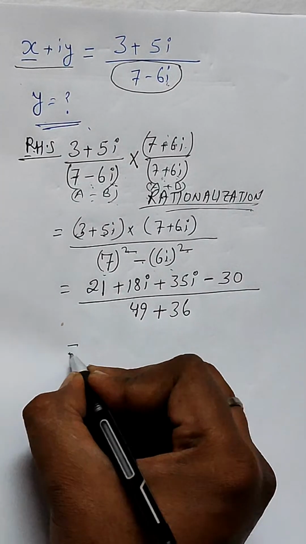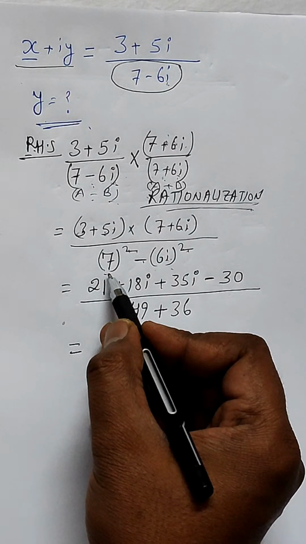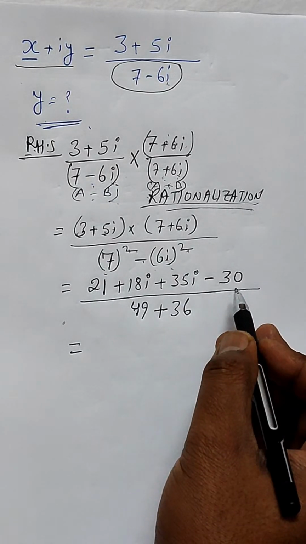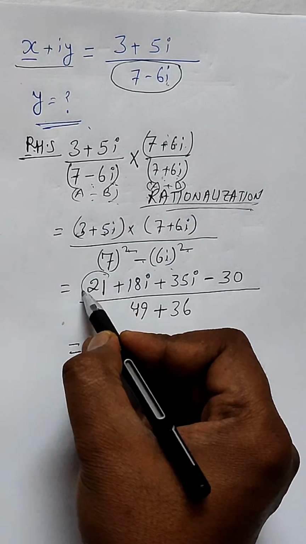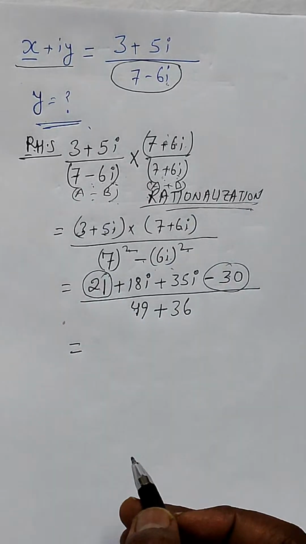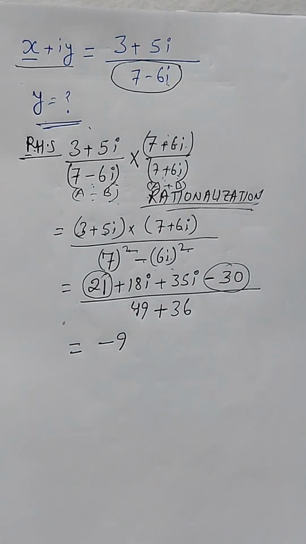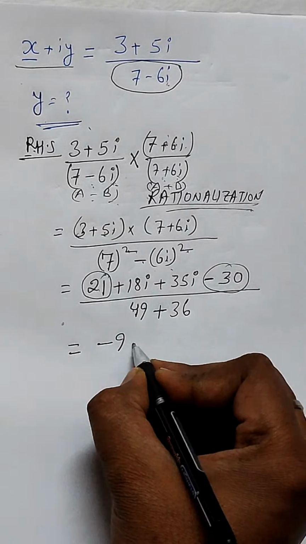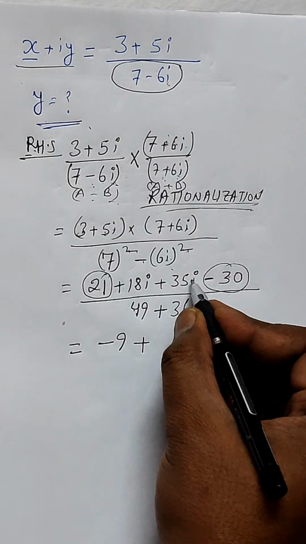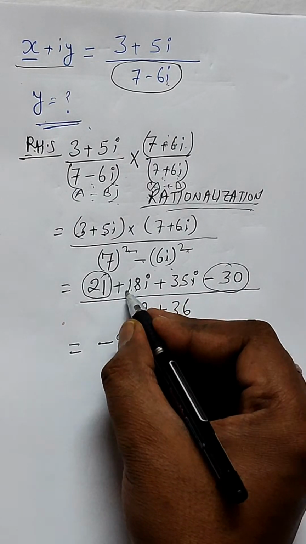So here just add the real parts together and add the imaginary parts together. Okay, so this is the real part, 21 and minus 30. So minus 30 plus 21 will give you minus 9, the real part in the numerator, and the imaginary part is 35 plus 18, which is 53.